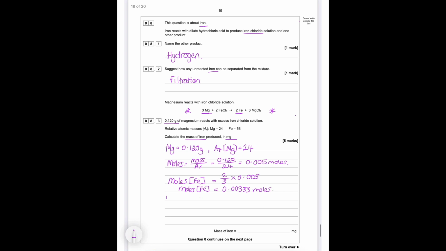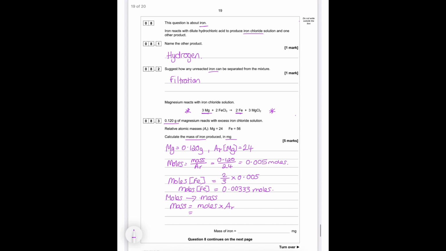Now, to convert moles back into a mass, we would then have to rearrange our equation so that we know what mass is, and we would have mass equals moles times the relative atomic mass of iron.